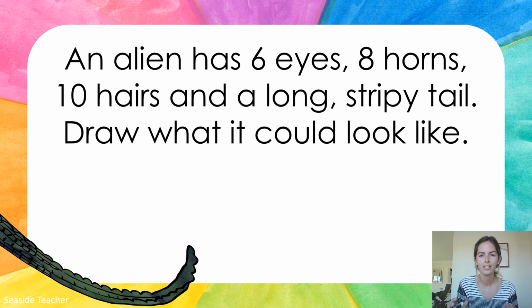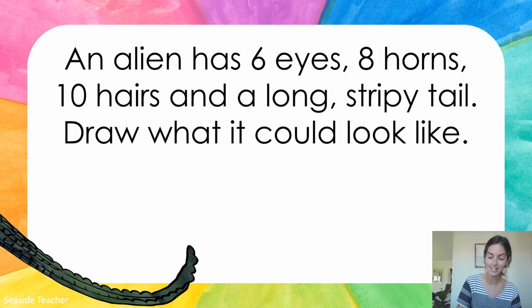Draw what it could look like. Okay. Oh, I forgot the long stripy tail. Okay. So long tail needs to be stripy. So there we go. I'm just colouring it in really quickly so I can show you. And then I'm also going to add a mouth, but you'll have to guess where my mouth is today.